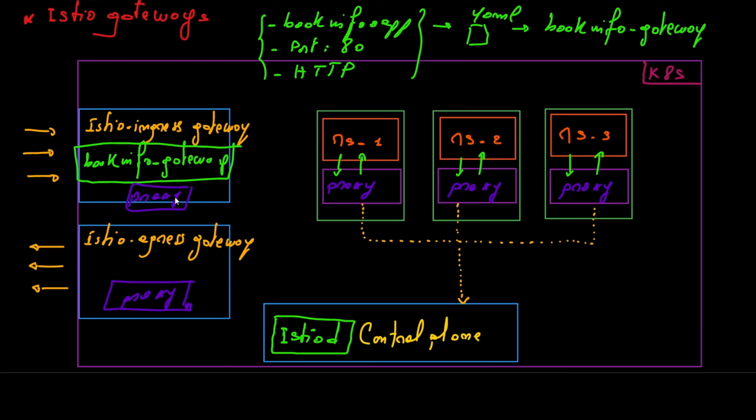We have to know also that these proxy containers are the main containers. So either for the Istio Ingress Gateway or for the Istio Egress Gateway, the pod is running one container using the Envoy proxy. So that's an overview of Istio gateways.